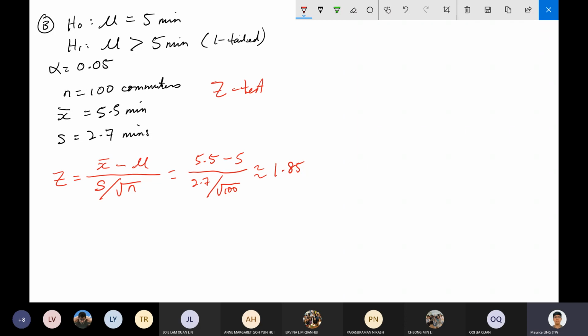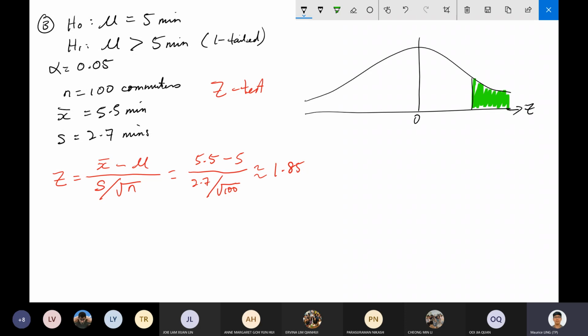Okay. So if you go to the Z table, since you only want the right hand side, the shaded area, so this is 0. This is the Z table. Your area here is 0.05.